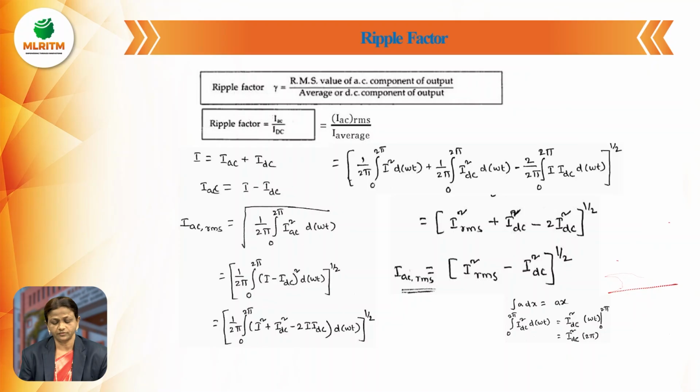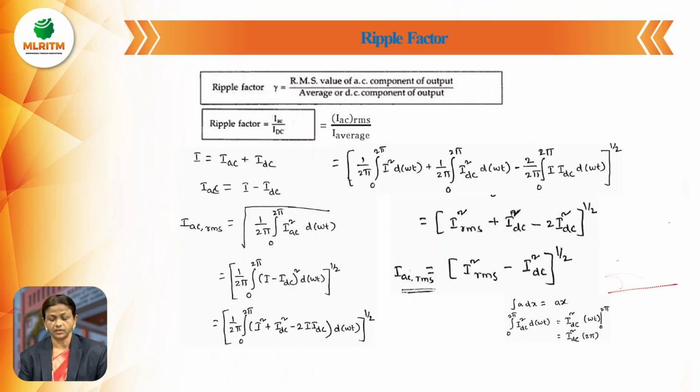Now calculate the ripple factor value for the half-wave rectifier. How can you calculate the ripple factor value? Ripple factor is the ratio of the RMS value of the AC component to the DC component of the output. It is represented as gamma. So ripple factor gamma equal to IAC by IDC. Here IDC is nothing but the average value, IAC is nothing but the RMS value.